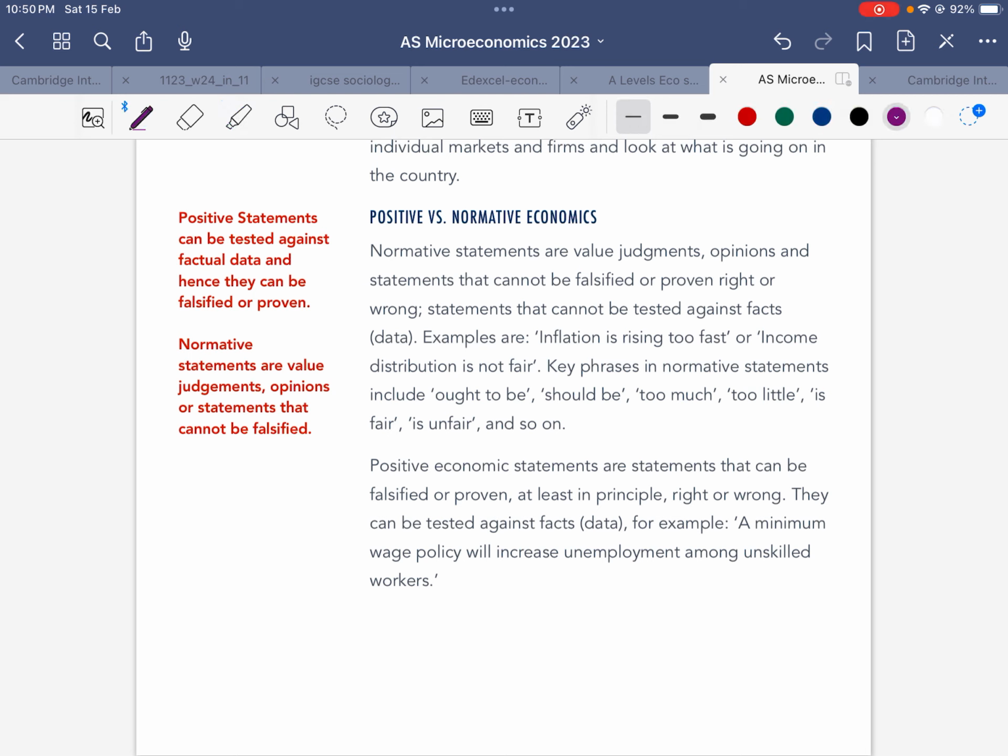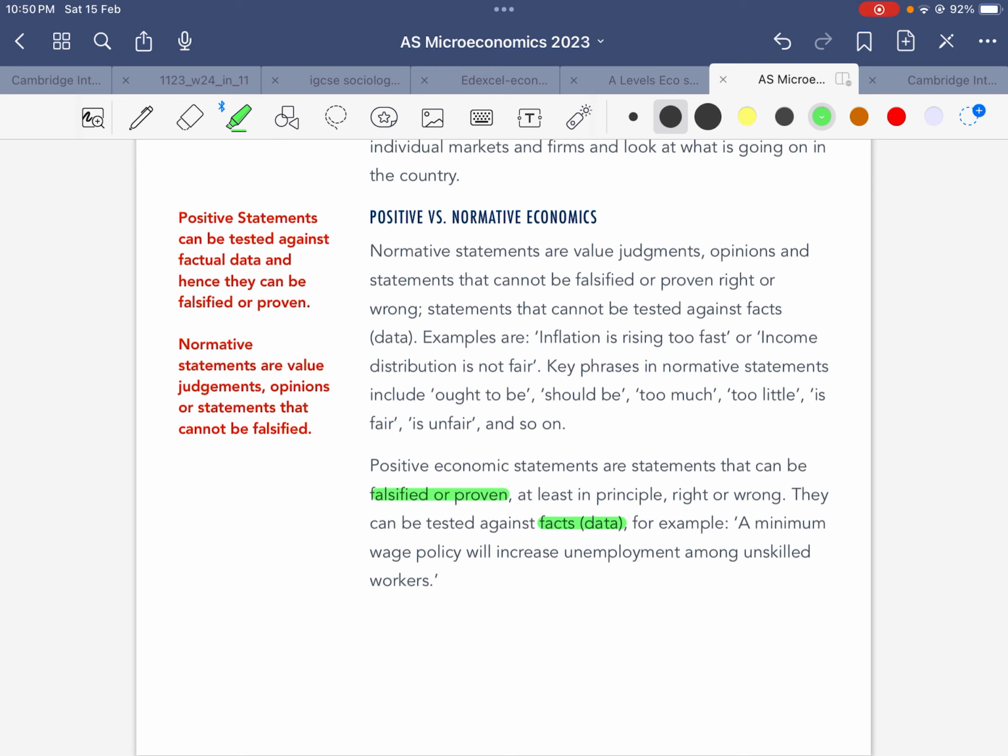So, positive statements can be falsified or proven, they can be verified, at least in principle, such as right or wrong. They can be tested against facts and data. For example, a minimum wage policy will increase employment among unskilled workers. This is a hypothetical statement, and you can test it and find out the answer as yes or no, or to what extent it's true, to what extent it's not true.